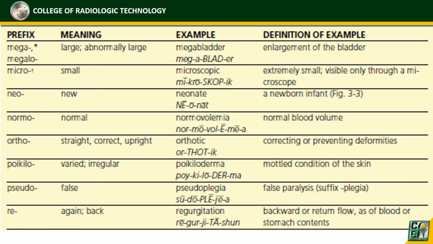Next we have ortho. Ortho means straight, correct, upright. The example is orthotic, which means correcting or preventing deformities.